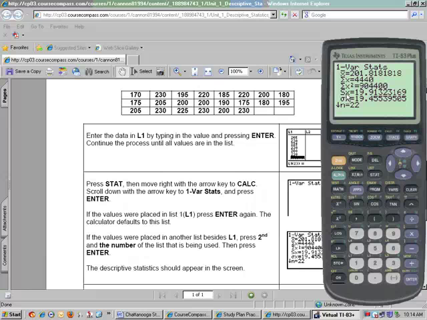So right now, if they ask us to find standard deviation, we could write down 19.9. That's the amount of deviation among the weights of these ball players, which that's quite a bit. That's a pretty large number for your standard deviation.